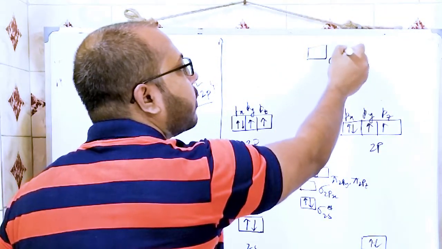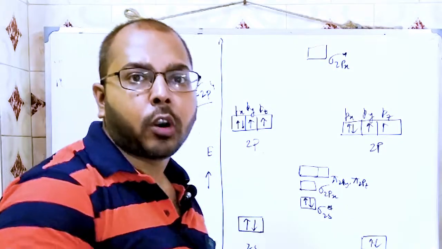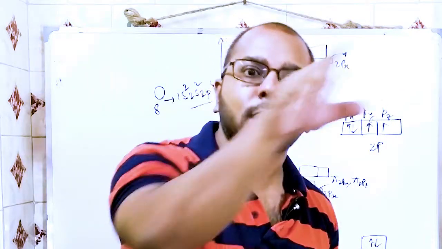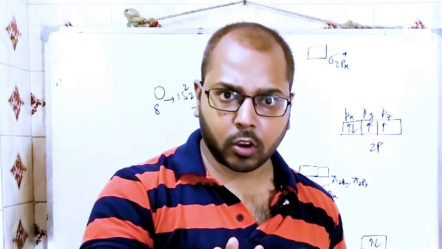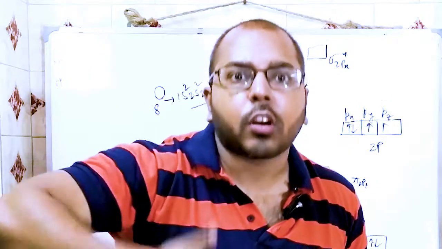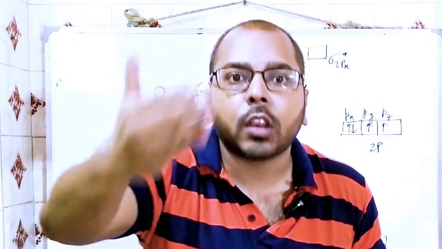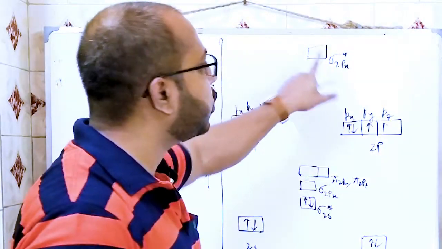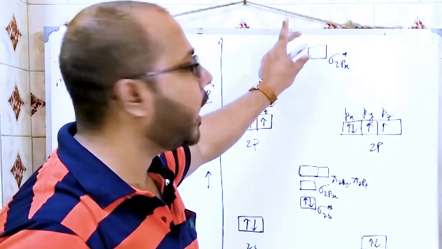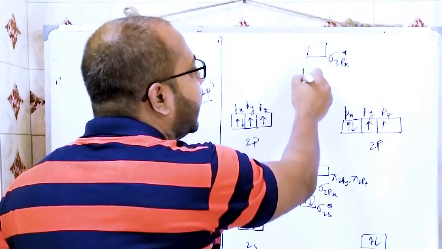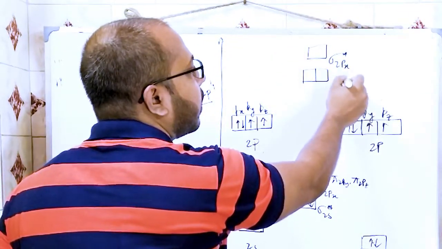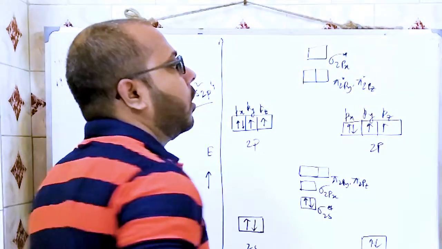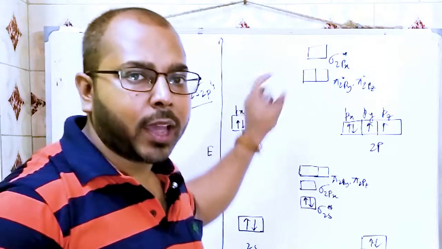Because if your bonding orbital is more stable, that means your anti-bonding orbital is less stable. Got it? You are more willing to keep your electrons in the bonding orbital. Got my point? So here sigma 2px anti-bonding will have higher energy, and pi 2p star will have lower energy than the sigma anti-bonding part.